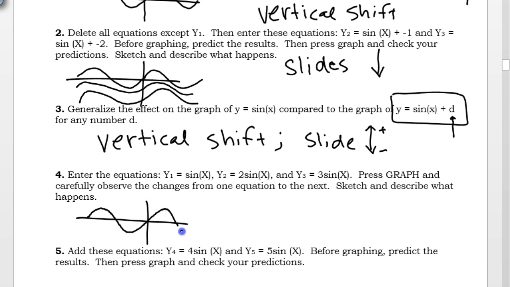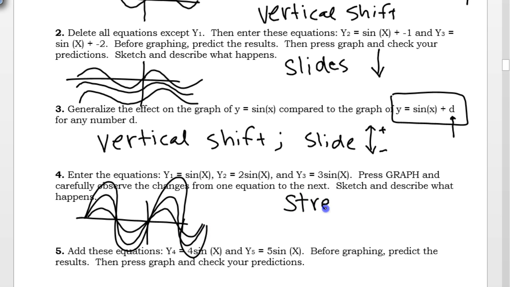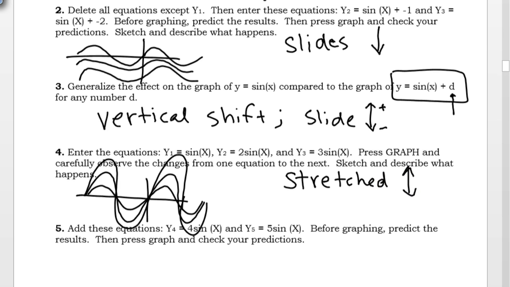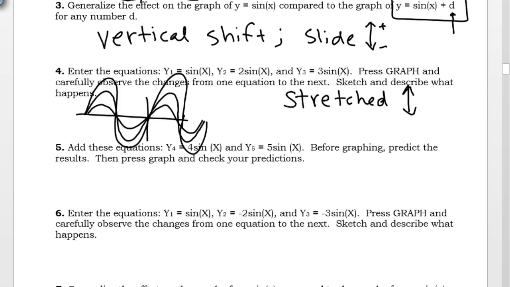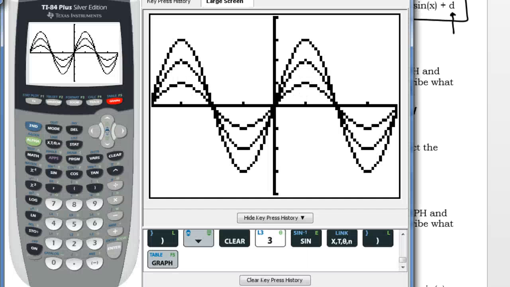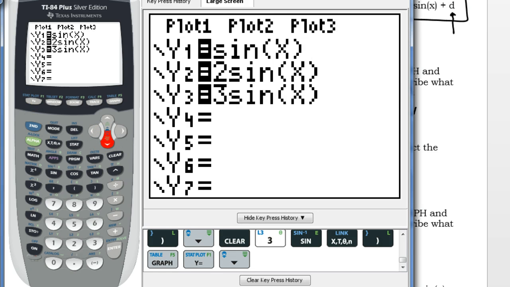So my traditional sine, 2, 3, the whole graph gets stretched taller. We can do 4 and 5 kind of the same way. I'll leave 1, but get rid of 2 and 3.